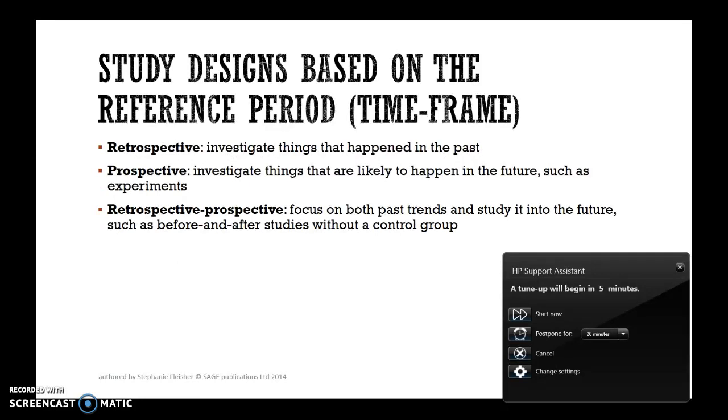And the second category, this is all talking about quantitative study, is based on reference period. The first one is retrospective, that is for historic data, and prospective is for investigating things likely to happen in the future.